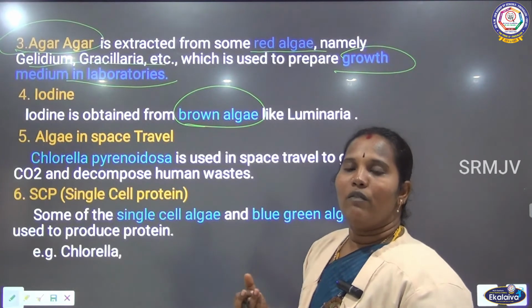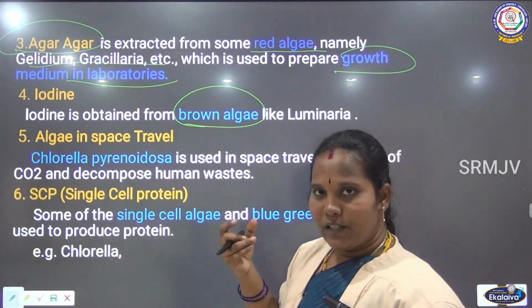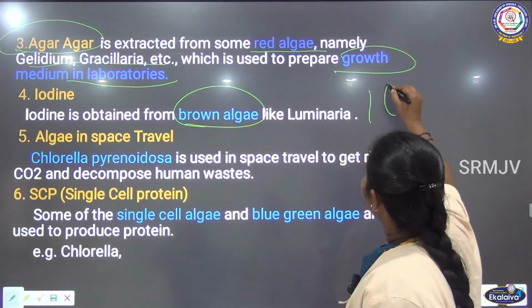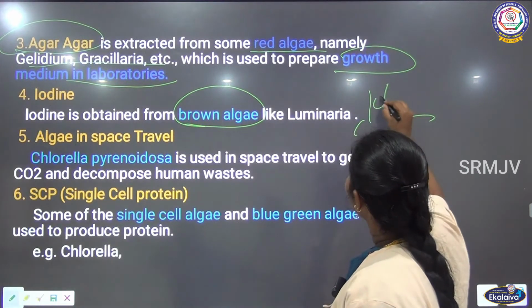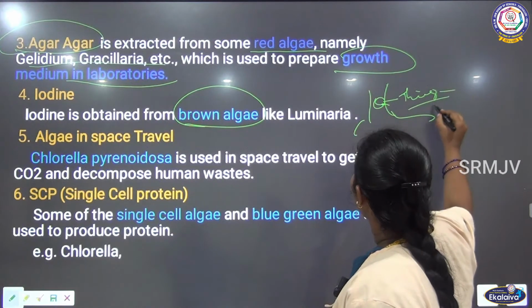Okay. Iodine, we know very well. Iodine is very important to our body because iodine is used by our thyroid gland. In our neck part we have the thyroid gland here, and it is secreting the thyroid hormone.